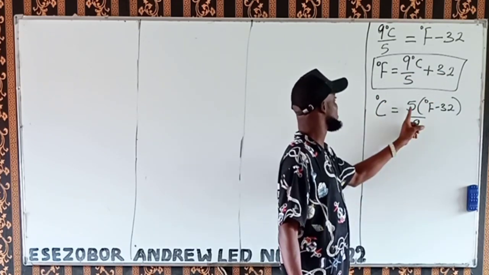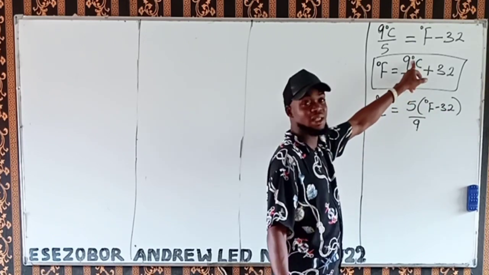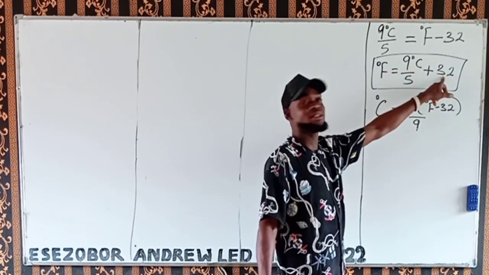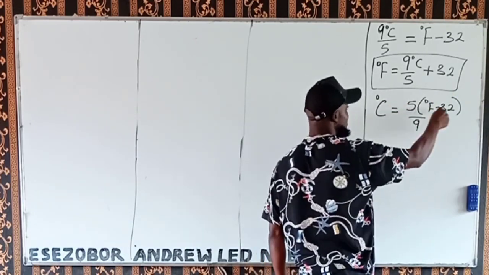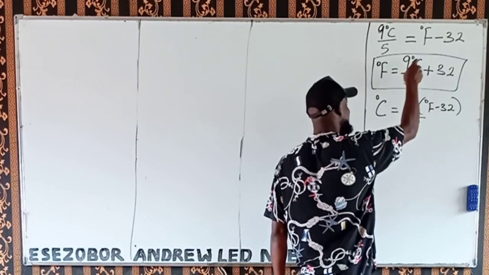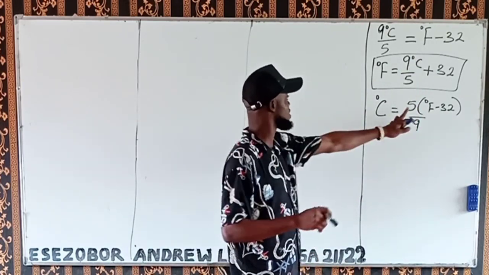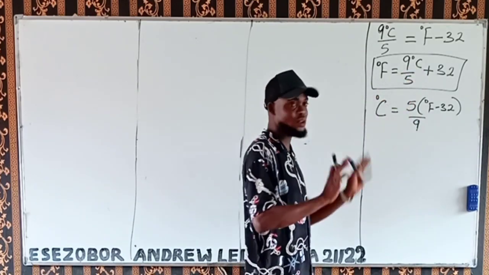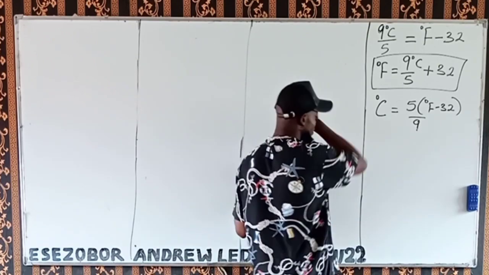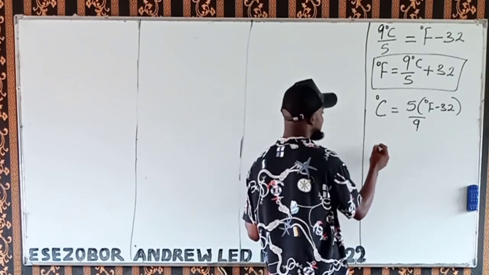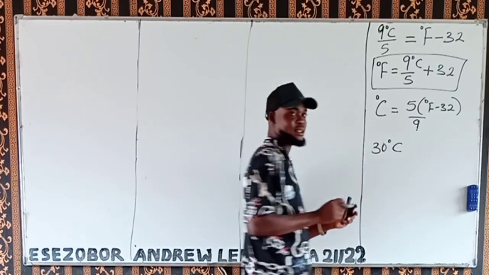So this 5 is affecting both F and 32, but in the other formula the 9 is affecting only C, not the 32. So this one is 5 times F, 5 times 32, but this one is just 9 times degree C. That's all. Please take note of that, it's very, very important. So let's say we have to convert or express 30 degrees Celsius in Fahrenheit.